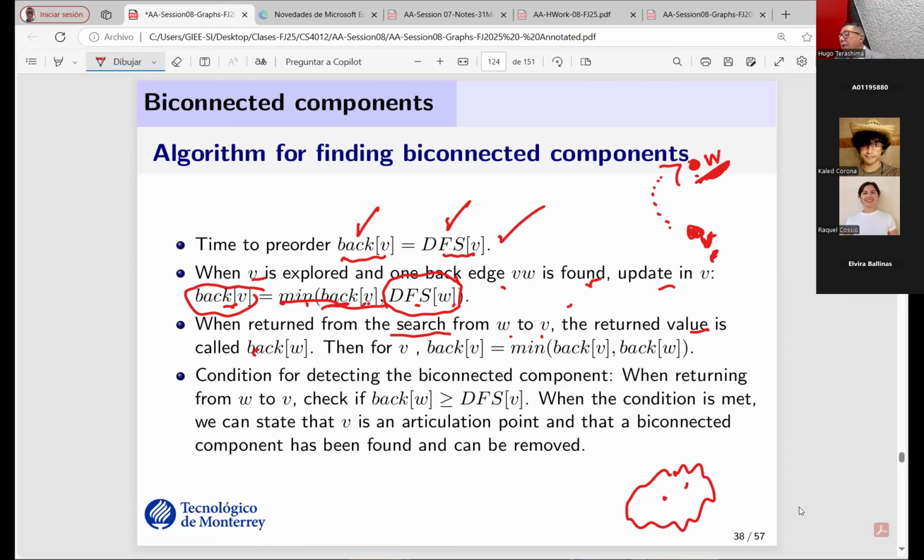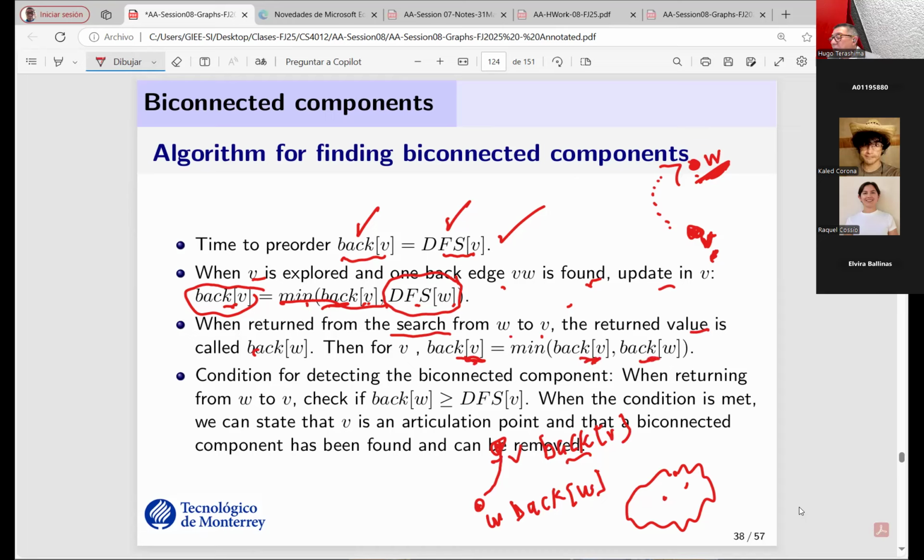So I'm returning from W to B. Now this is W, and I'm returning in the search to B. I'm doing backtracking, but this already has a back of W, and this has a back of B.